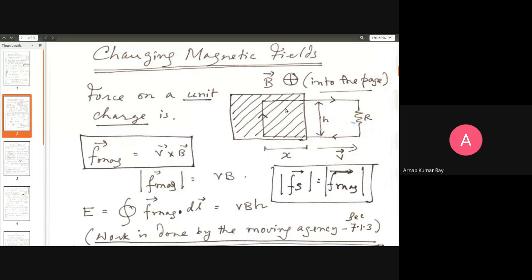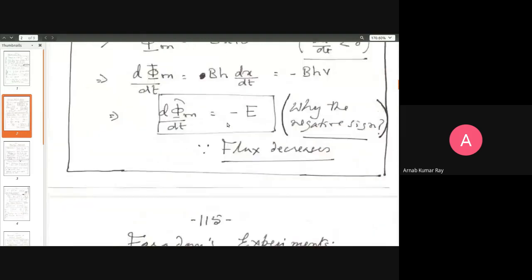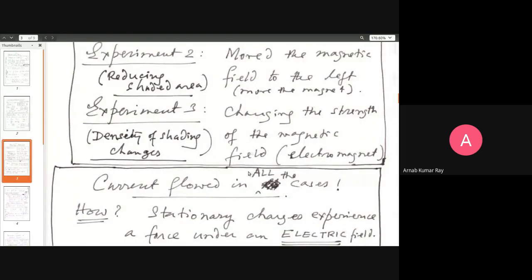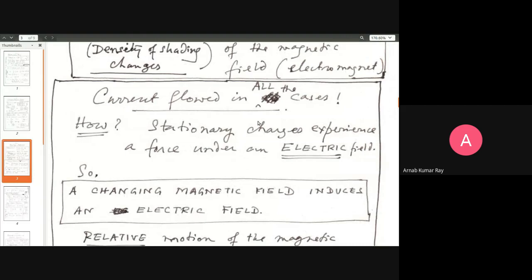What matters is not the motion of this thing or this thing in its absolute sense. What matters is the relative motion between the two. Either this is fixed and this is moving, or this is fixed and this shaded region is moving to the left. That relative motion is important to cause the flow of current in the wire.